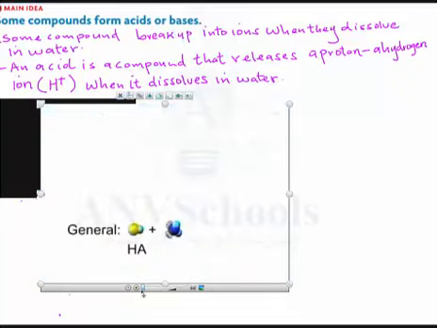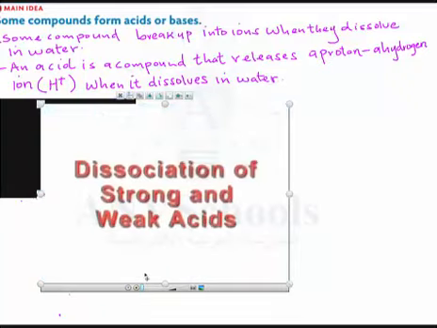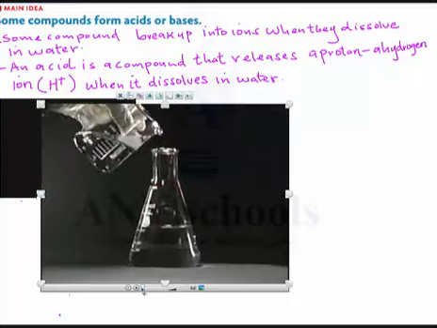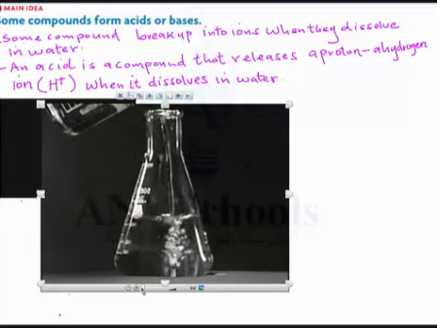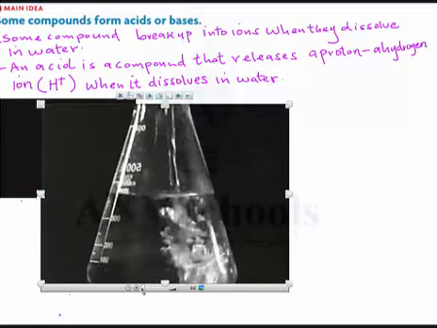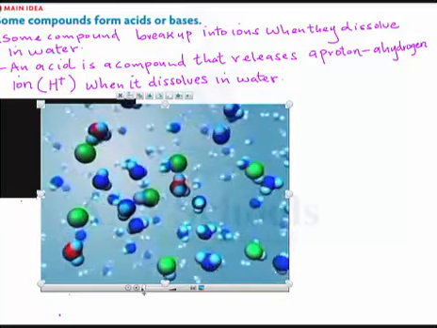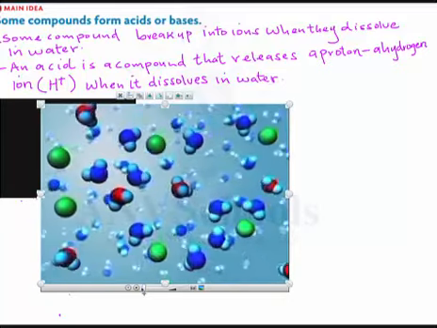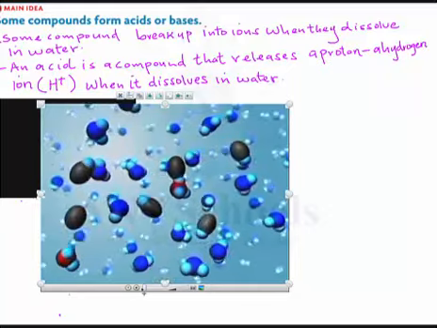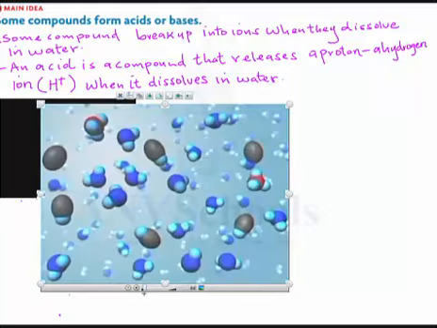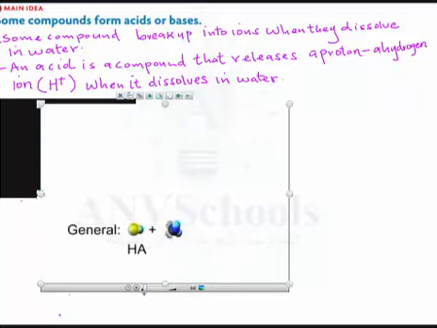In general, as you pour a substance into water, that substance will normally break up, its ions will break down and form new compounds.